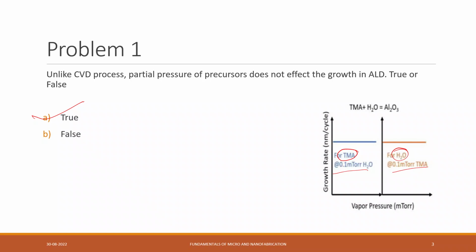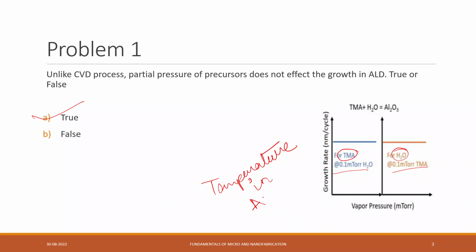In ALD, the partial pressure is not a determining thing, like in CVD it was. The determining thing here is the temperature, which is something that we control.